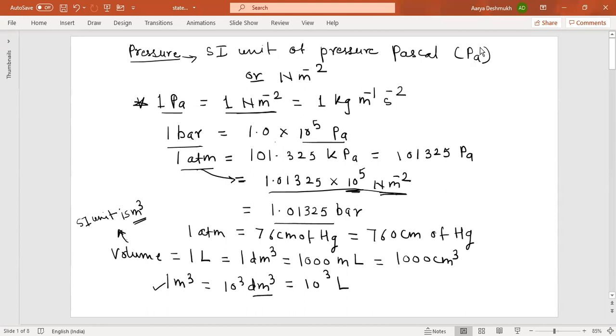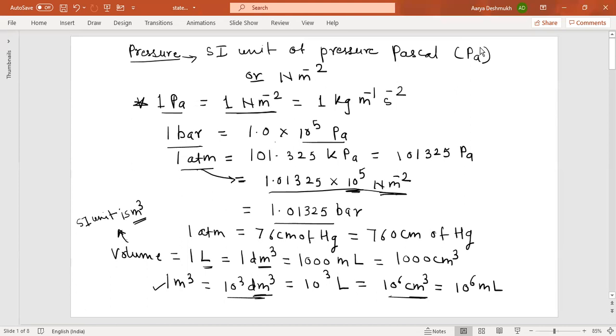Because 1 dm cube equals 1 liter. So 10 raised to 3 dm cube will be 10 raised to 3 liter, which is equal to 10 raised to 6 cubic centimeter, which is equal to 10 raised to 6 ml. Okay. So this is the way you can express. So these conversions are very much needed when you solve the problem, dm cube into cubic centimeter and so on.